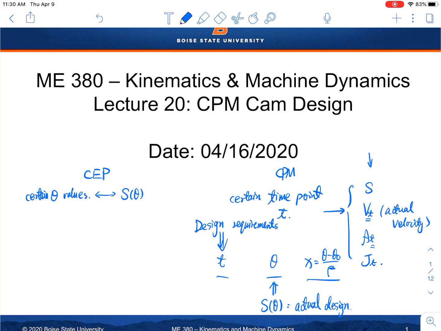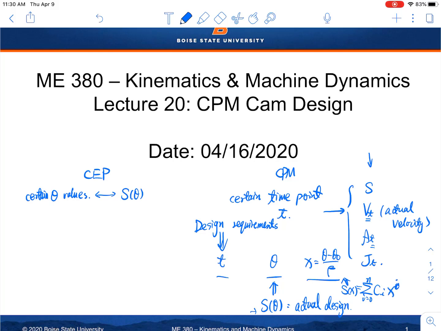right? So as I mentioned in lecture 18, when we want to design a cam profile, we actually are trying to design this S theta. And then your X is like an intermediate domain. So in this X domain, you have your polynomial, sum of i from 0 to n, S equals the coefficients times X to the power i.